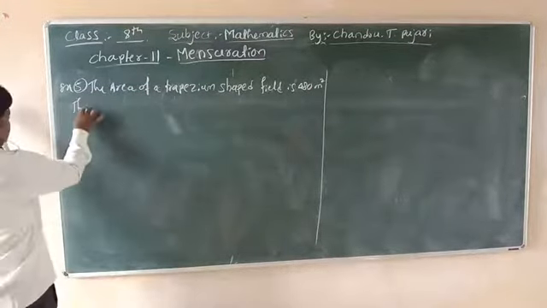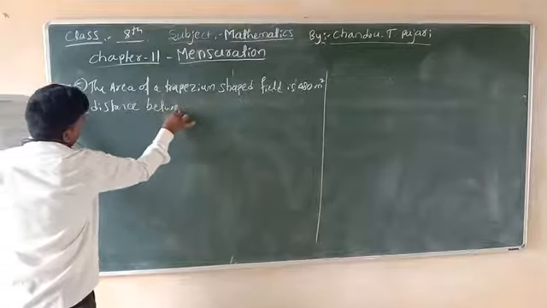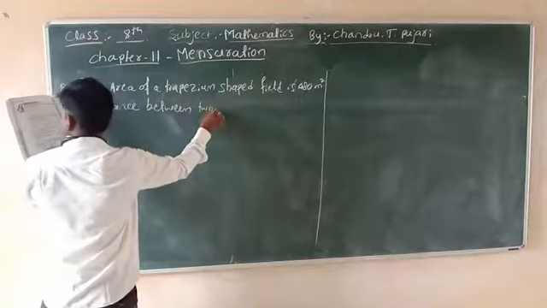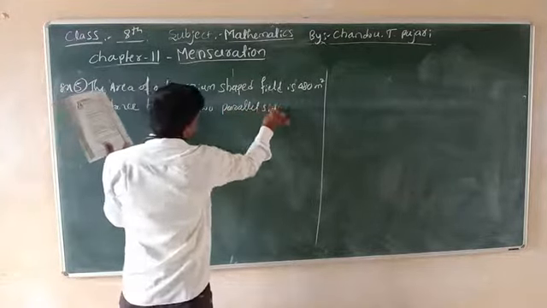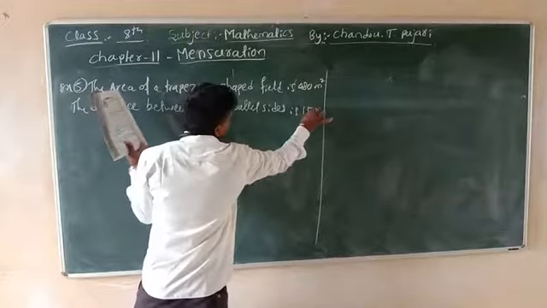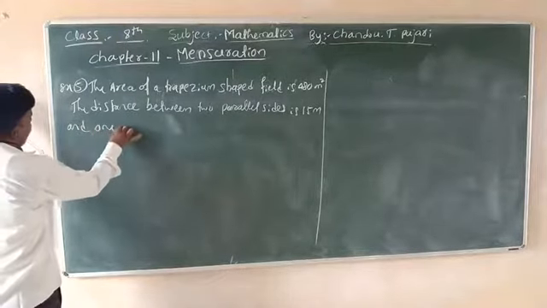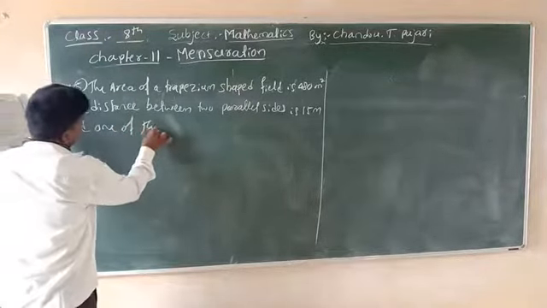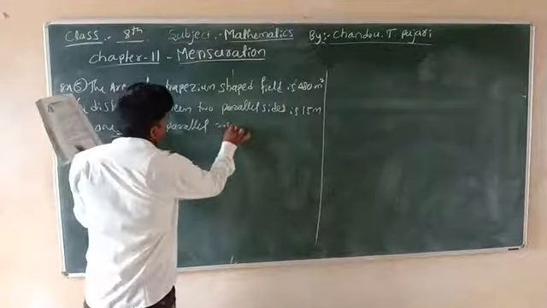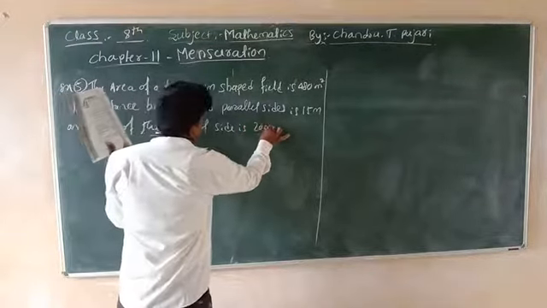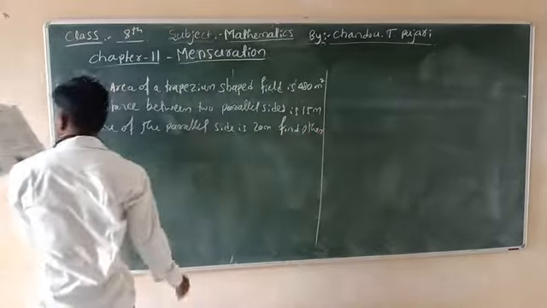The distance between the two parallel sides is 15 meter, and one of the parallel sides is 20 meter. Find the other parallel side.